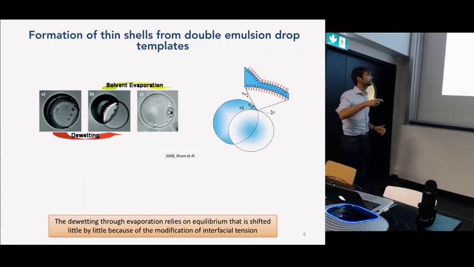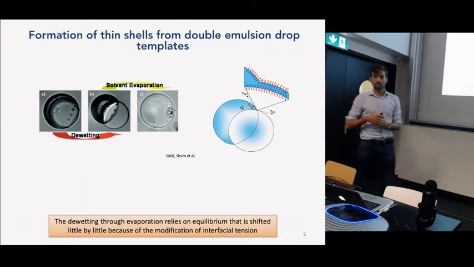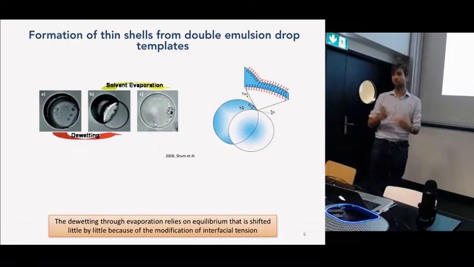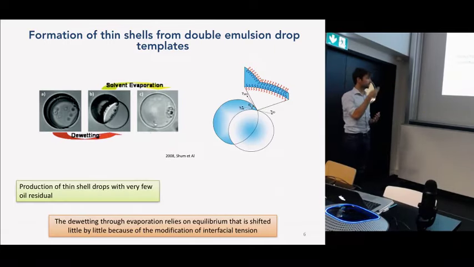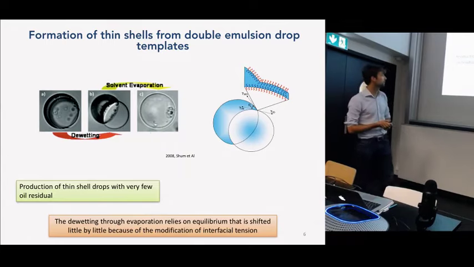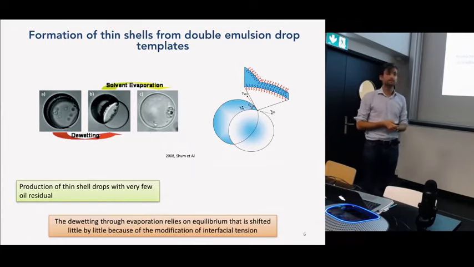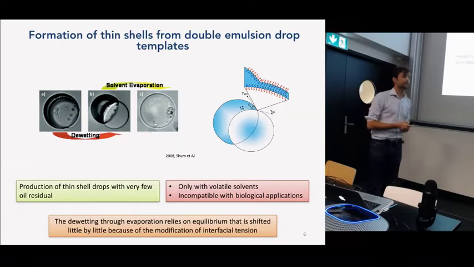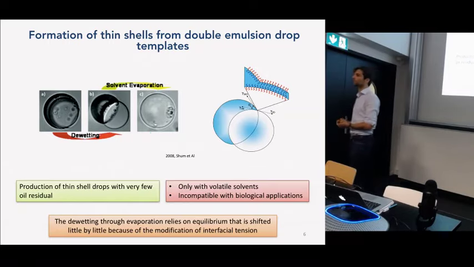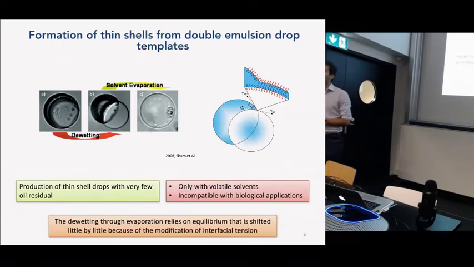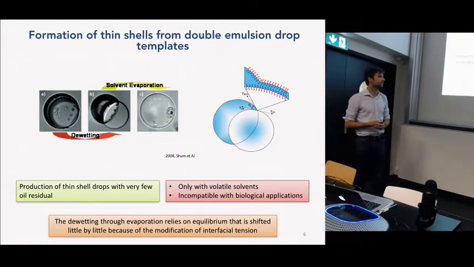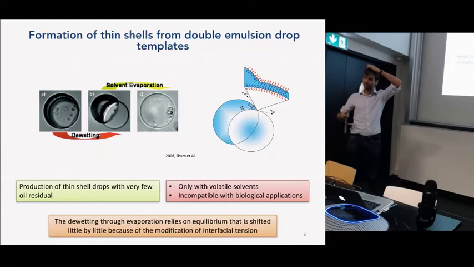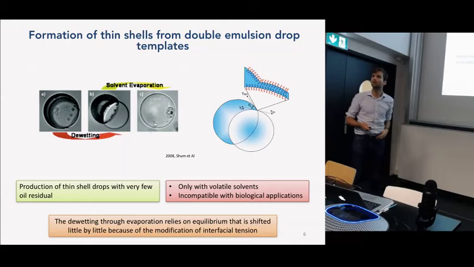What you're going to end up with is a double emulsion with little to no oil residue. So this is an interesting technique to produce ultra thin shells, but you can only use volatile solvent. And if you want to use it for biological applications, for example cells or bacteria, it can be a bit problematic. So we thought maybe we can force the oil to go out.